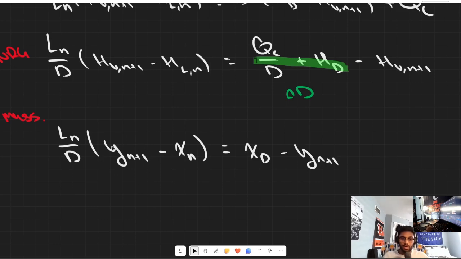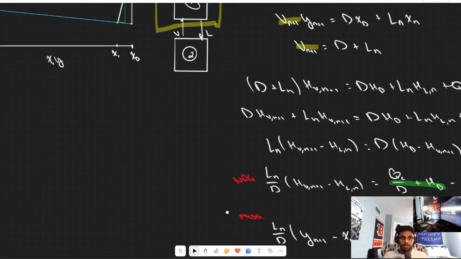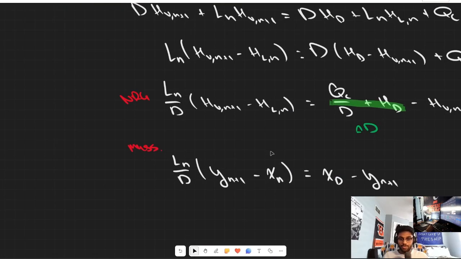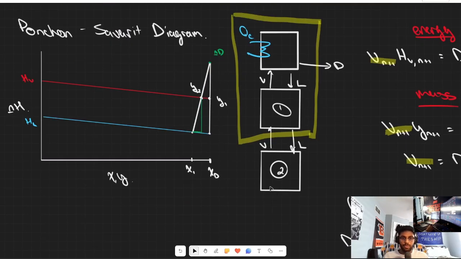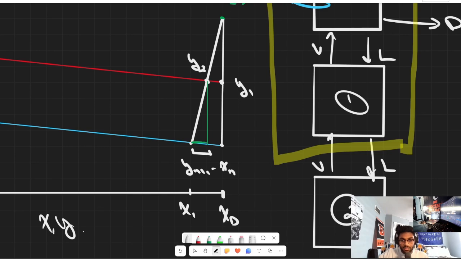So the difference between our Y and our X from the stage above. This is our X from the stage above. This is our Y from the stage below. So that's where this piece comes in here, and we can write that out. I guess I'll use this color. This is yn plus 1 minus xn.